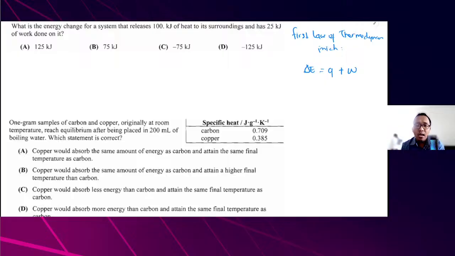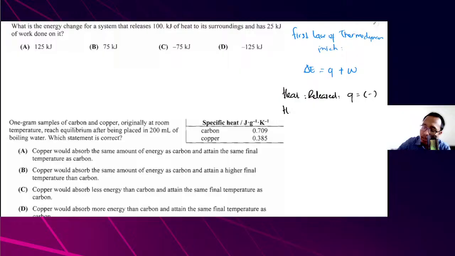Okay, so now let's move on to more detail to solve the problem. But watch the signs first. If heat is released, this is the key, the sign will be negative, so Q will be negative.